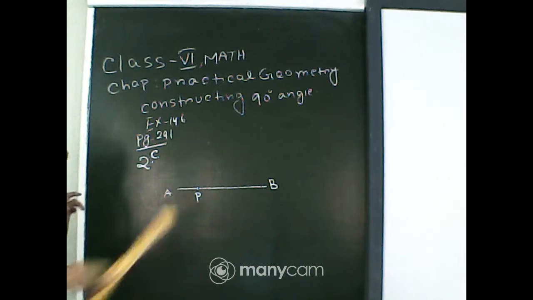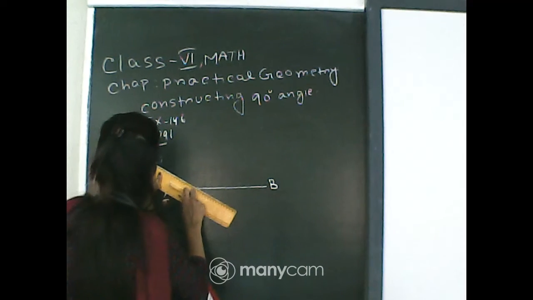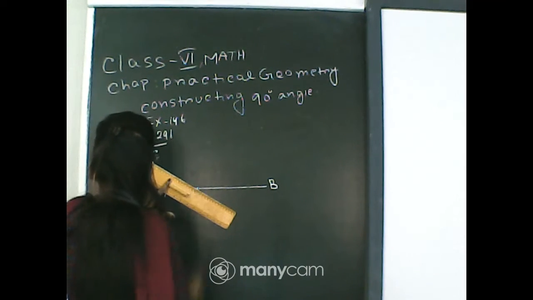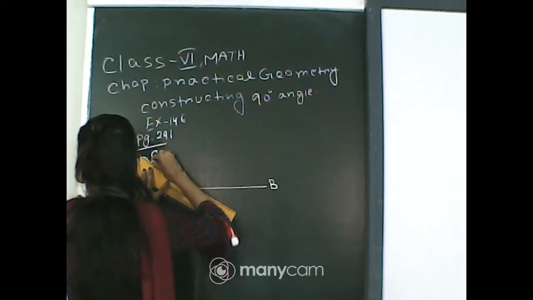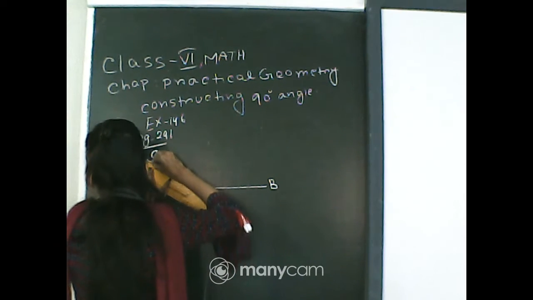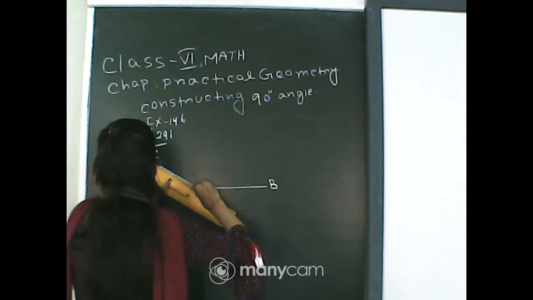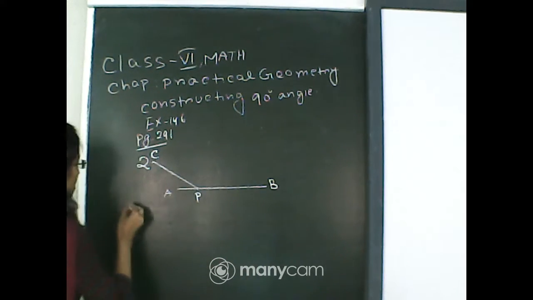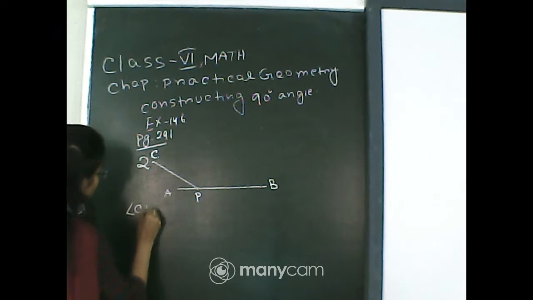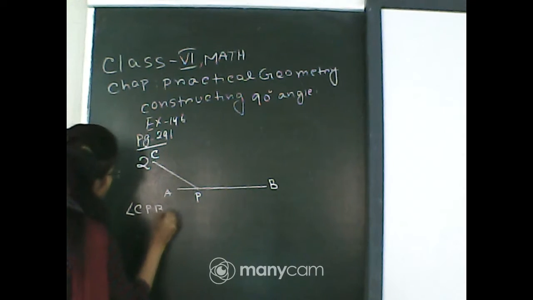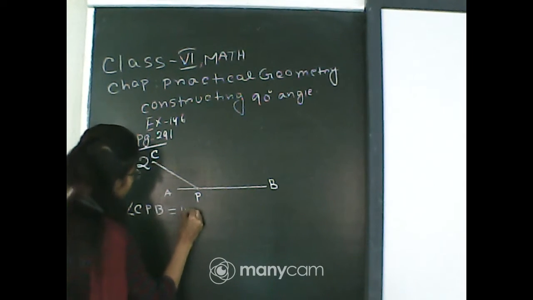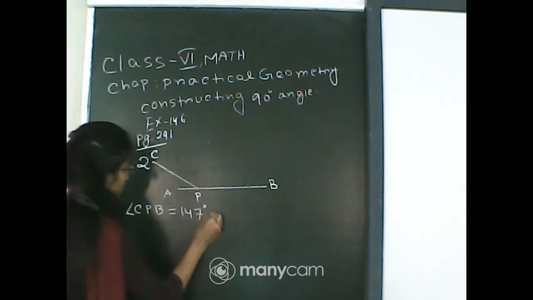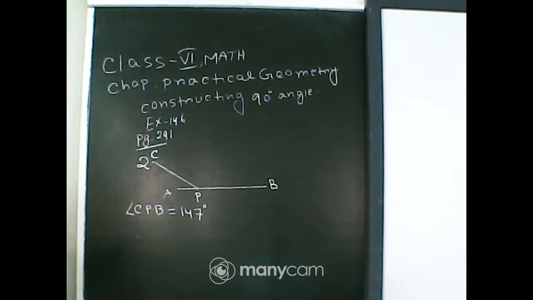Now we join the point C and P, and here angle CPB is equal to 147 degree.